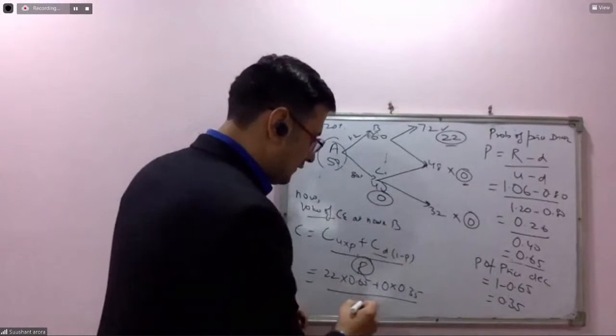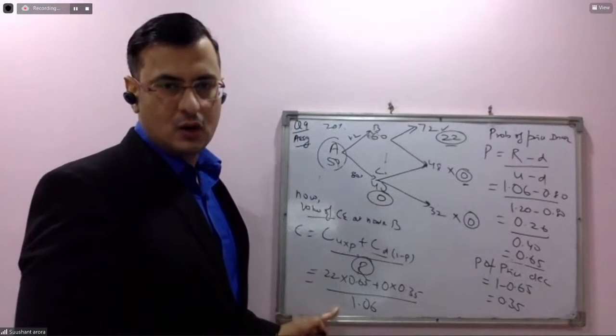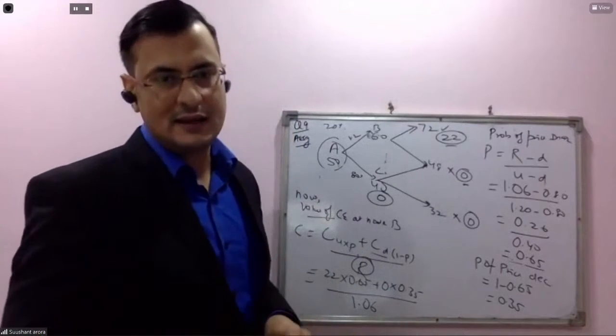So 1.06. Please just tell me if it is clear or not. If not, then please see this carefully, or if you want me to repeat, I can repeat as well.